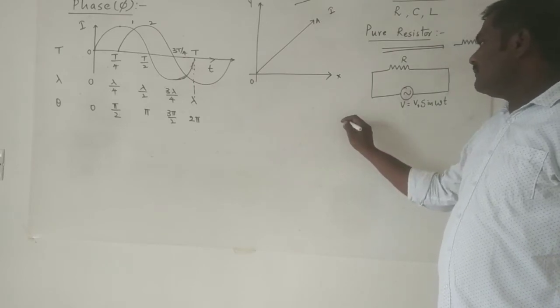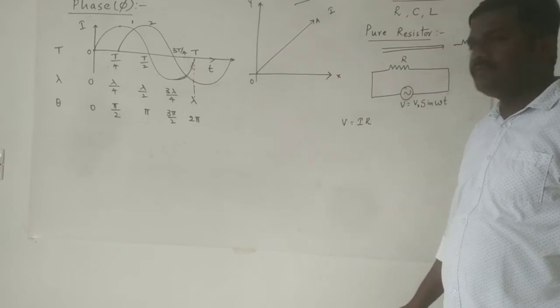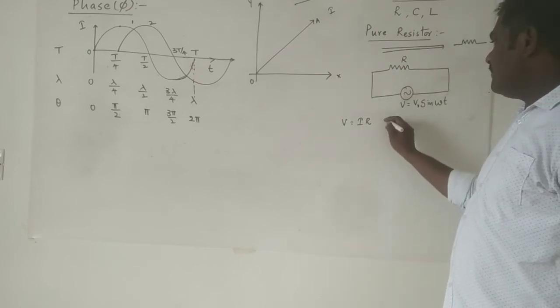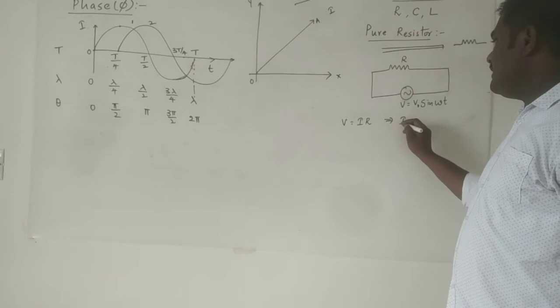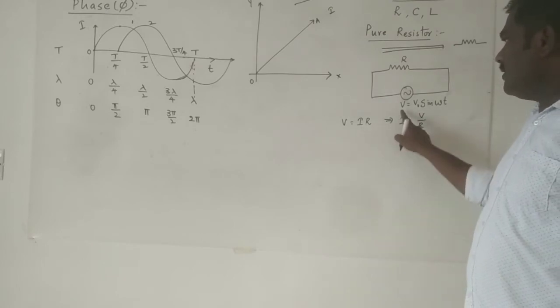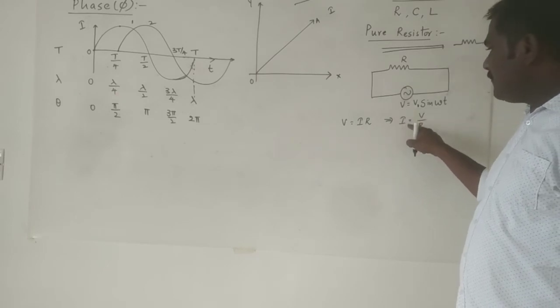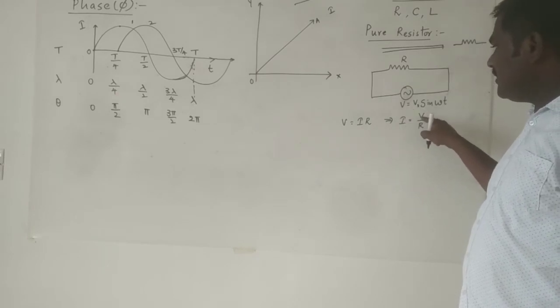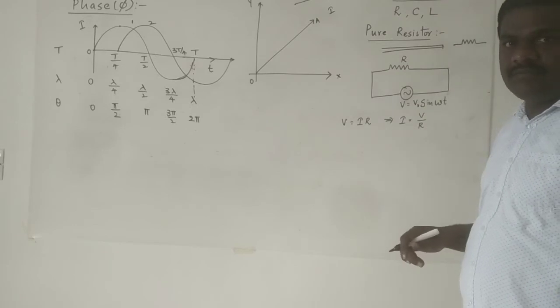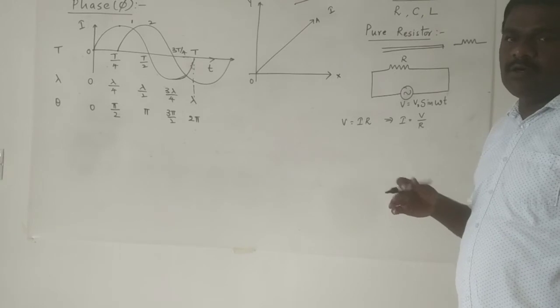You know Ohm's law, V is equal to IR. Now from this, I is equal to V by R. You already got the instantaneous voltage as given. Now from this formula, you will substitute here, and you will get the instantaneous current. From that you will come to know the actual relation between the voltage and current.